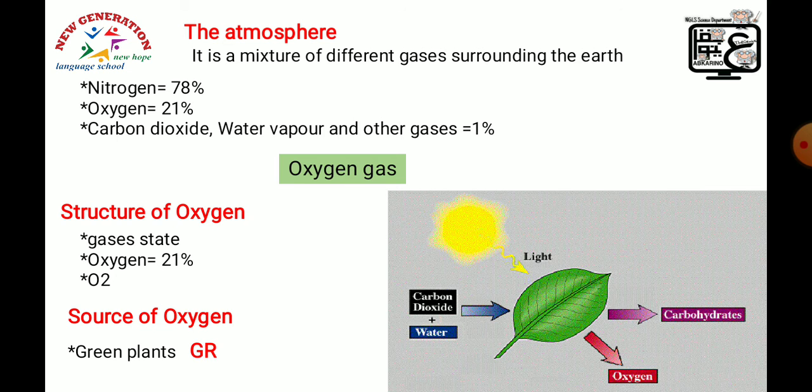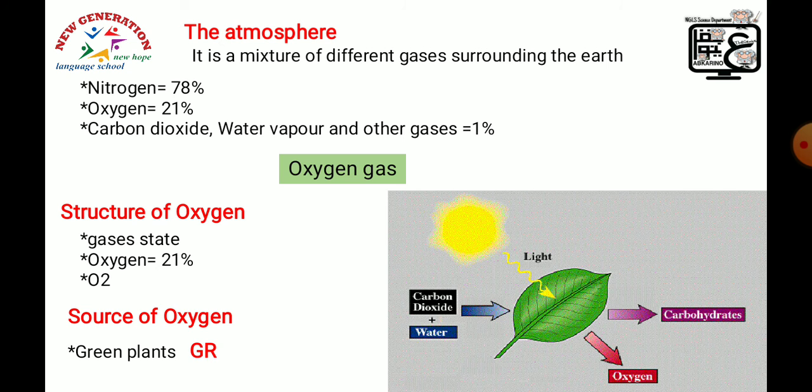This is the photosynthesis process. Do you remember that? Okay. Do you know, in the photosynthesis process, the green plants need three things. Number one, sunlight or light energy from the sun. Number two, carbon dioxide gas from the air.